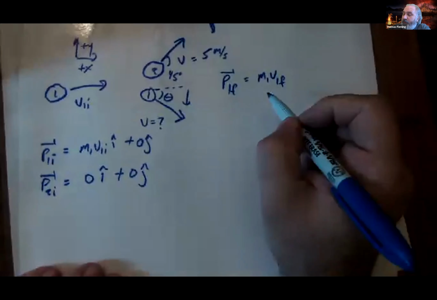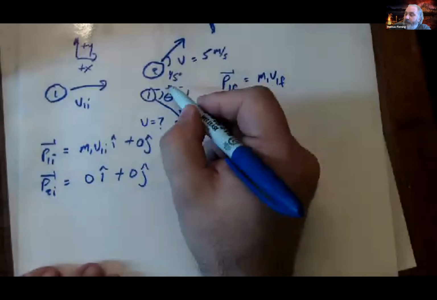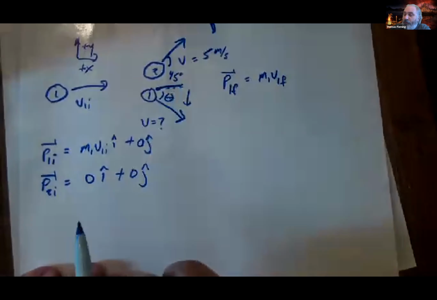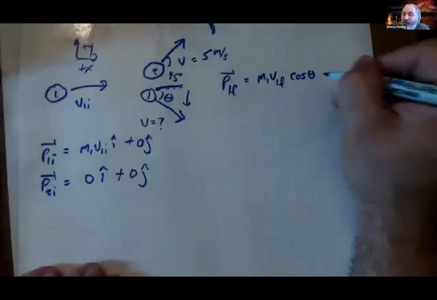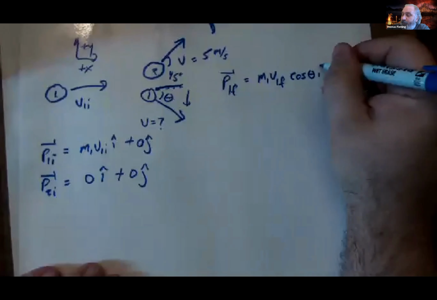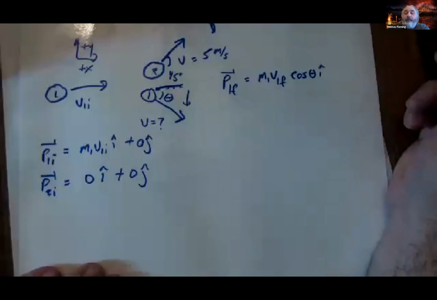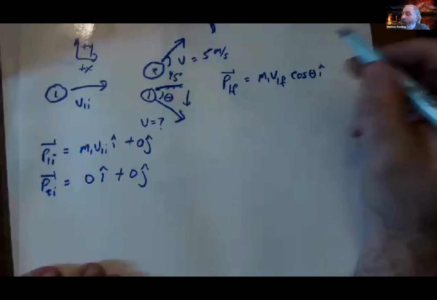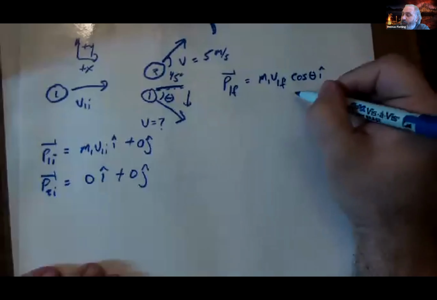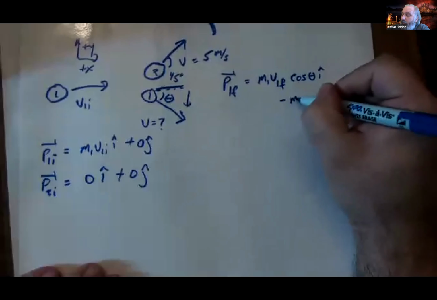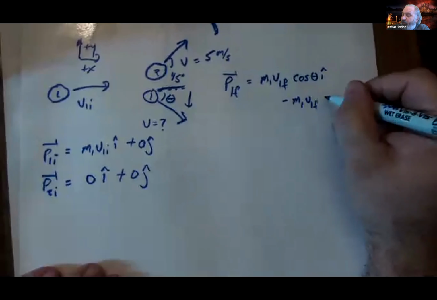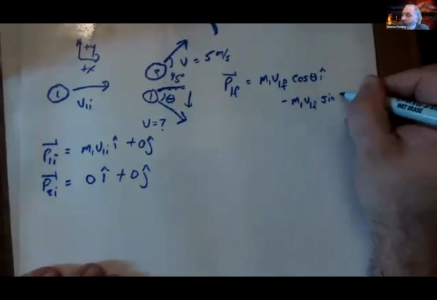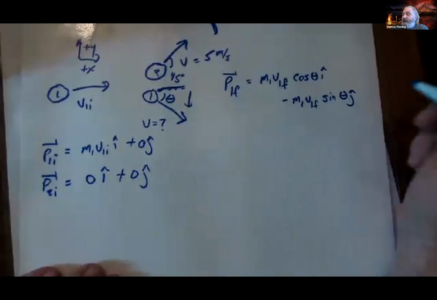That's going to have components in the x and the y direction. The x side is the adjacent side of the triangle, so that'll be times the cosine of whatever that angle is that it goes zooming off at, and I don't know what it is. Meanwhile, the y component I would get from the sine, so it's going to be minus m1 v1 final times the sine of that angle.